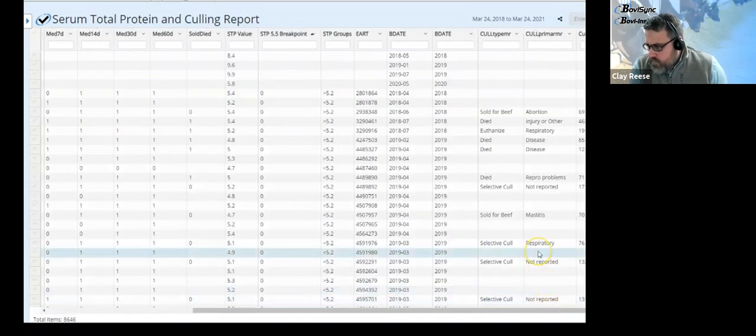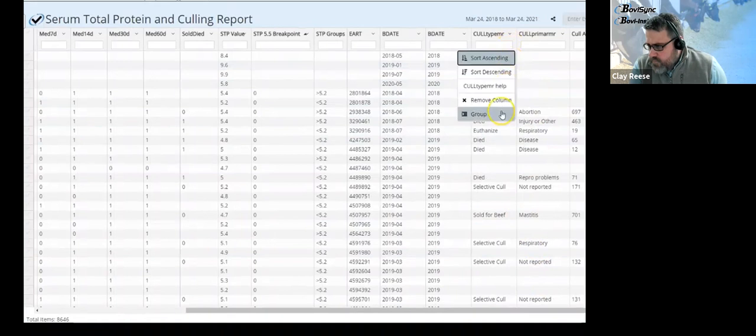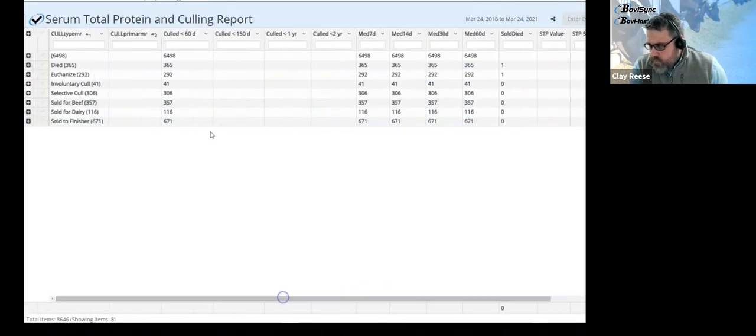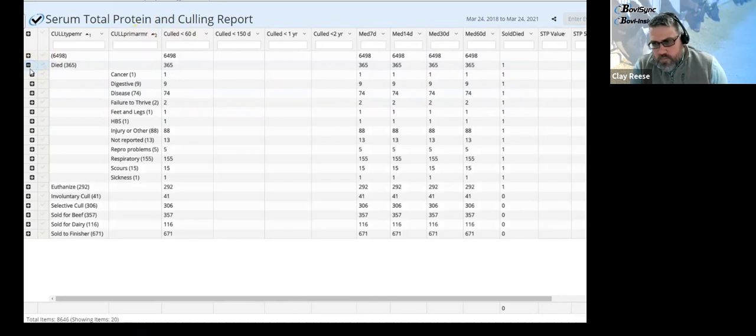From this same base report, we can also look at the breakdown of culling reasons. So here we can look at the reasons for animals being culled. So you have died, euthanized, involuntary, selective, and then within each of those, we have our standardized reasons that can be entered.